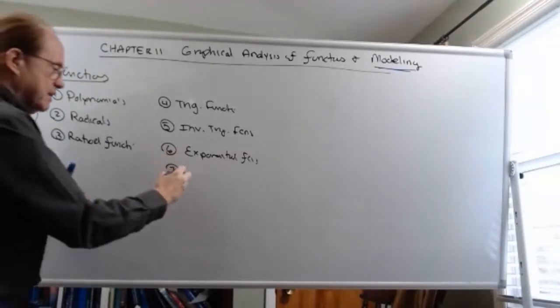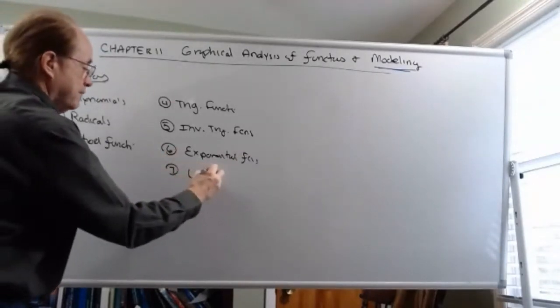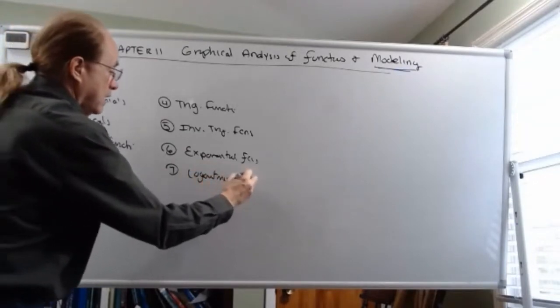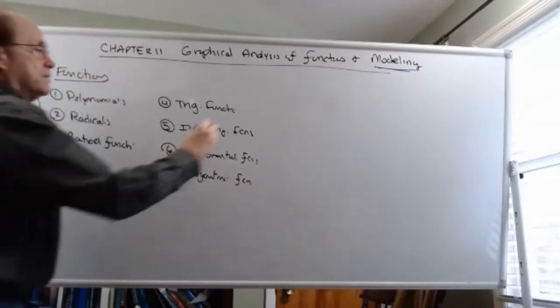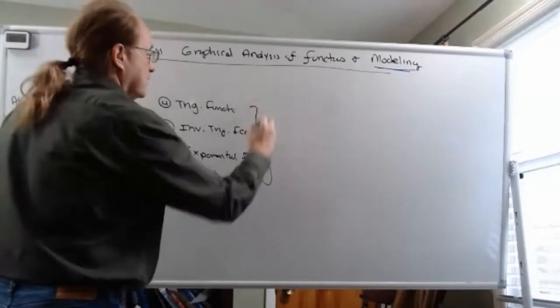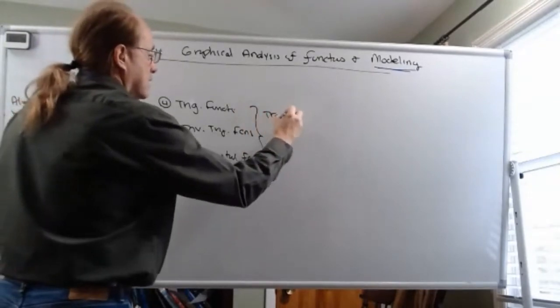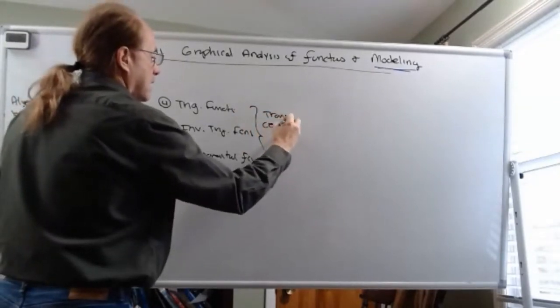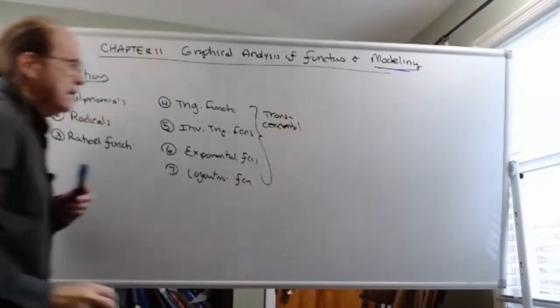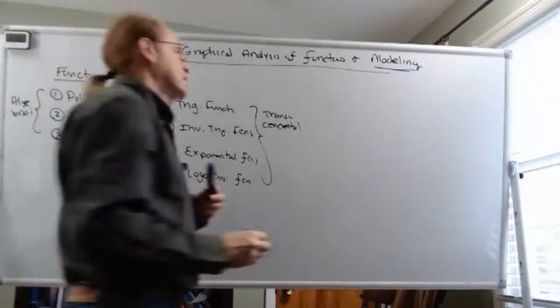The inverse of the exponentials called logarithmic functions. These were considered to be transcendental functions. And some of the properties that went along with them.